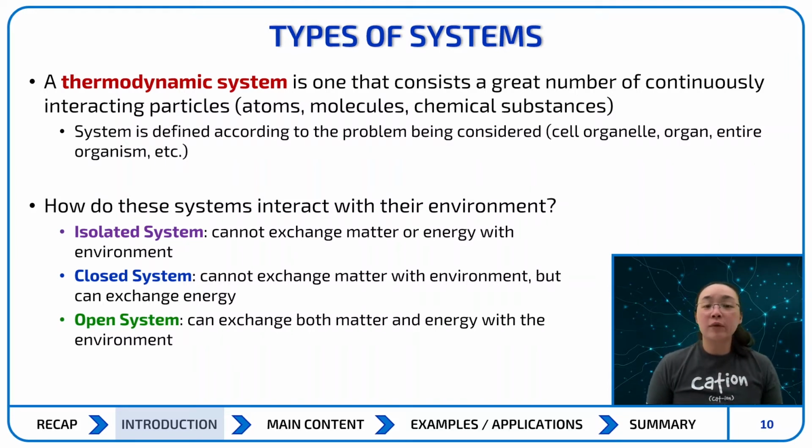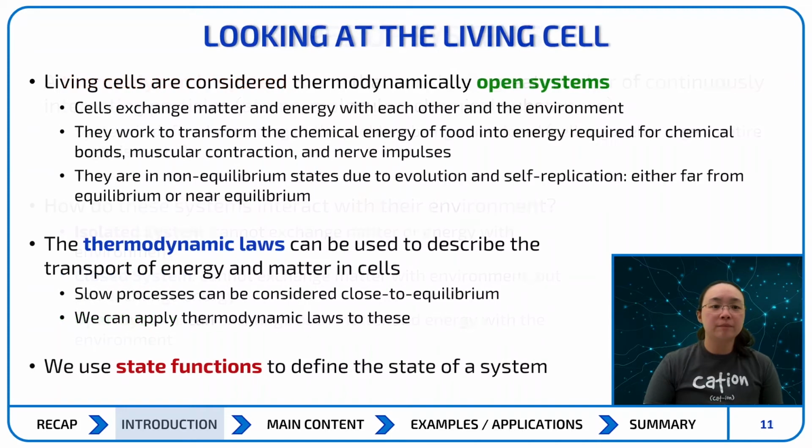So then if we take a look at ourselves as living systems, what would we be categorized as? Isolated, closed, or open? If we take a look at the living cell, it makes sense that we do exchange matter with the environment. We take in food, we take in energy, we also expel that energy outwards. So that means that we should be an open system.